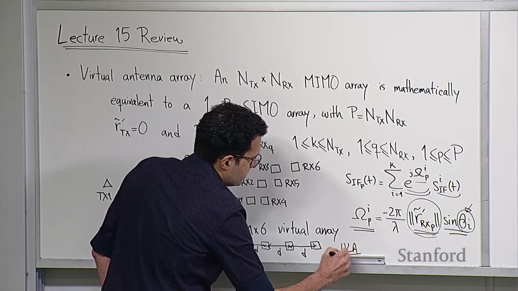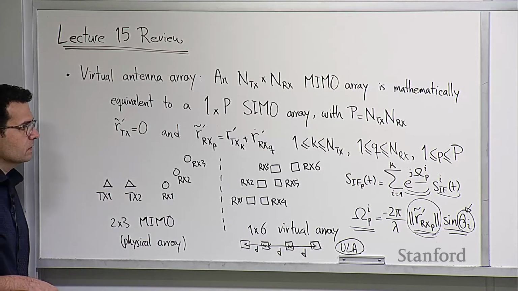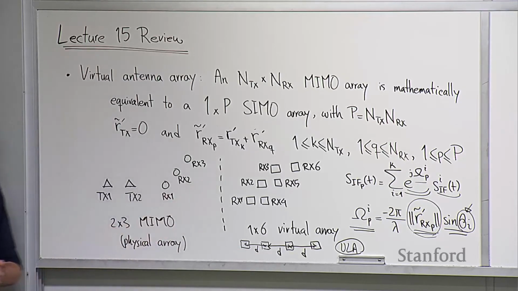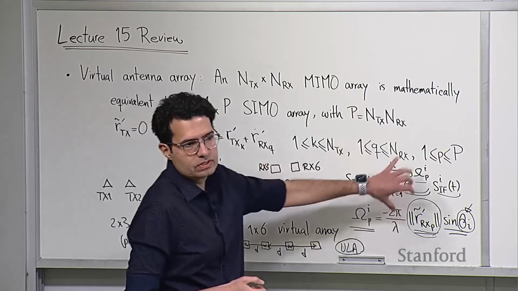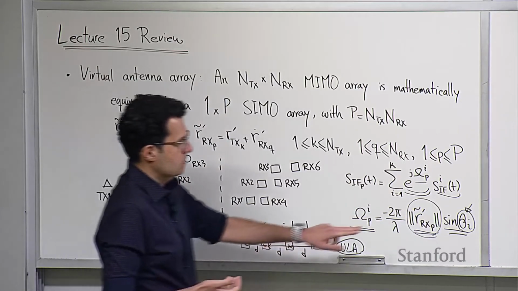Again, it's the simplest array geometry you can think of. Then we developed the DSP for that, and we showed that to find theta I for a ULA, you can just do another Fourier transform. From the signal model, we simplified it and showed that another Fourier transform can recover this theta I.